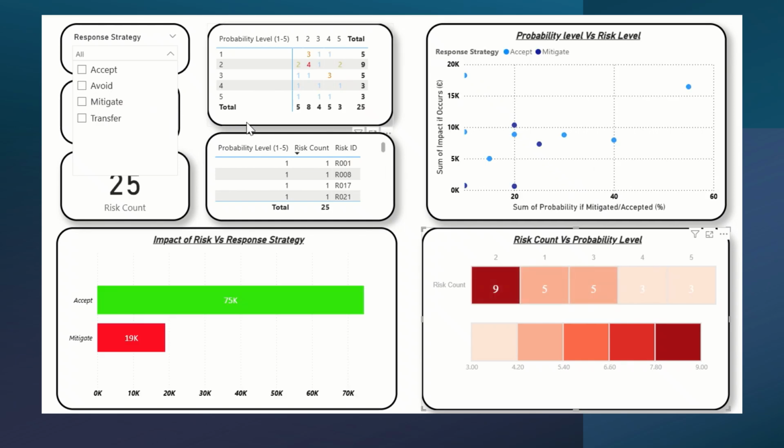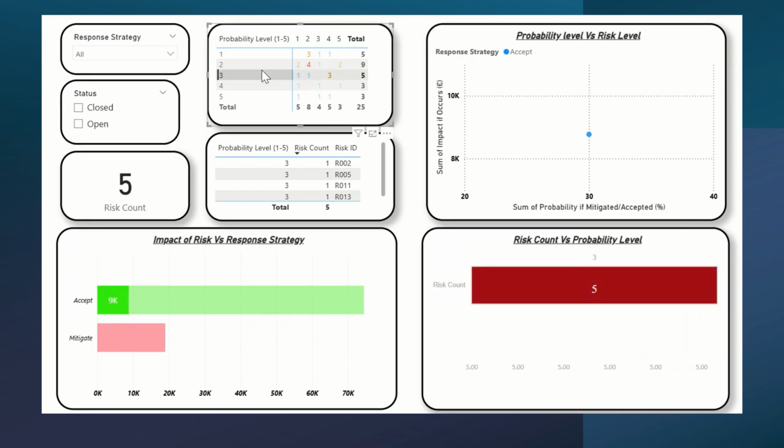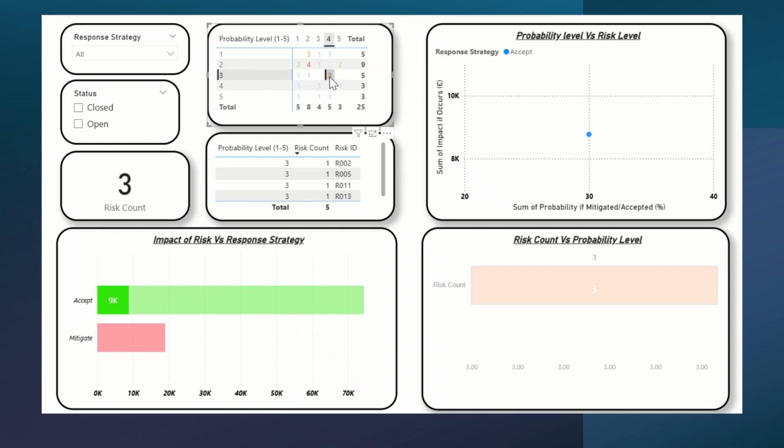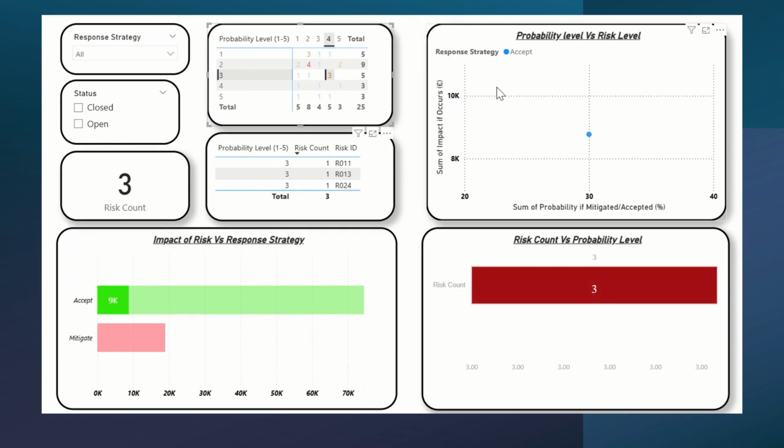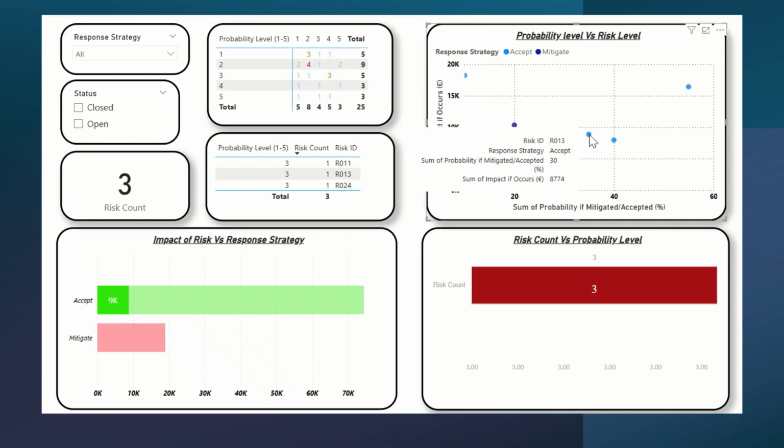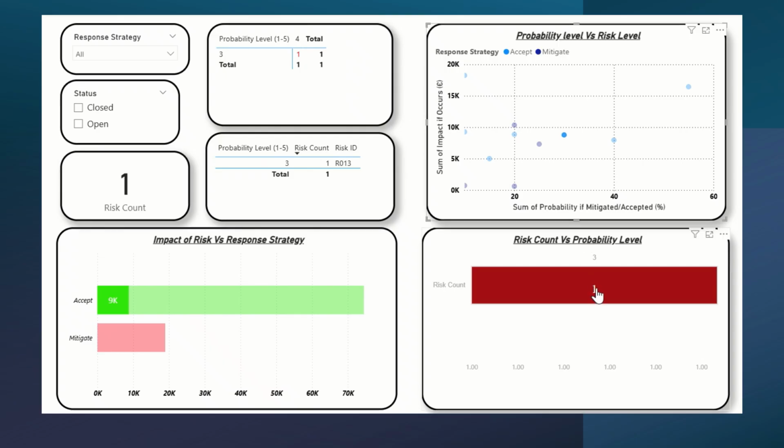So for probability level, we can have here 3. There is a probability of 3, but we have an impact level of 4 in 3 of them. And if you click on this one, after clicking you can easily see that it's a 1 here, and there is represented 9,000.